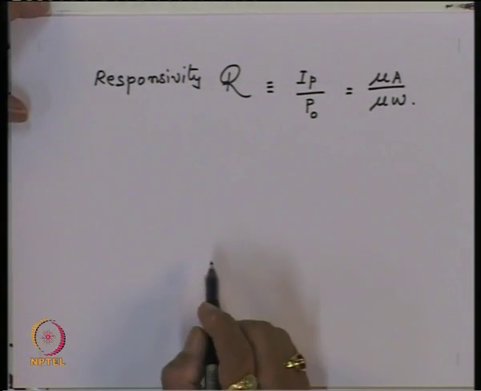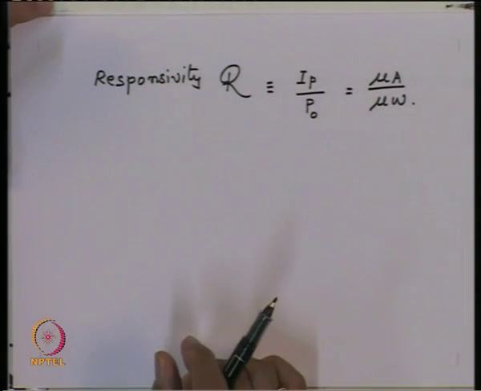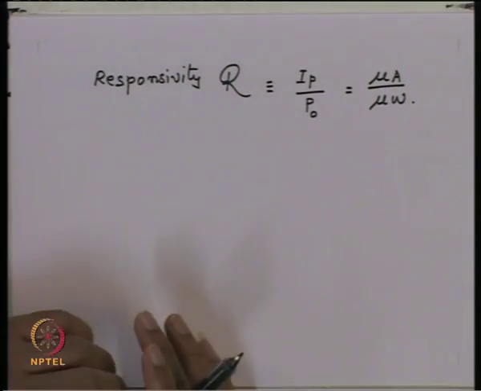One can also define a parameter called the quantum efficiency for this device. So, recall when we talked about the quantum efficiency for light generation, at that time we had said the efficiency is equal to the number of photons generated divided by the total number of electron hole pair recombinations. Here in this case, since we are now generating electron hole pairs from the absorption of photons, the quantum efficiency will be defined as the total electron hole pairs generated divided by the total number of photons incident.